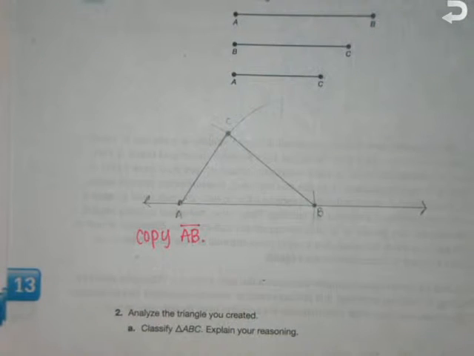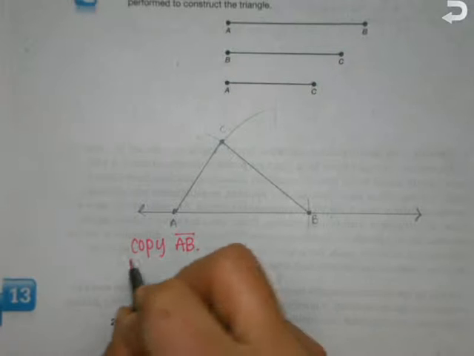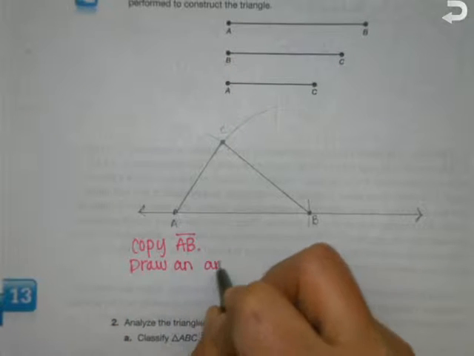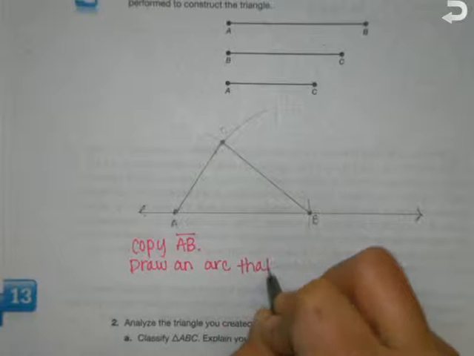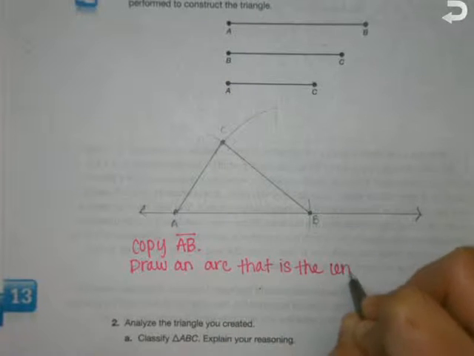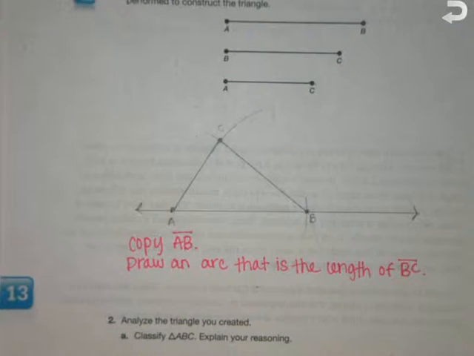You don't need to write all the steps to copying because you guys should know that by now. And then what did we do? We drew an arc that was the length of what? BC. So draw an arc that is the length of BC, and then we drew a second arc that was the length of what?